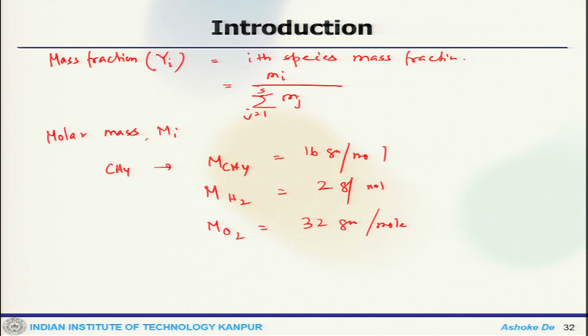So, the molar mass for a particular species is represented as Mi. One should not get confused between molecular weight and molar mass here. That gives you the definition of the molar mass.